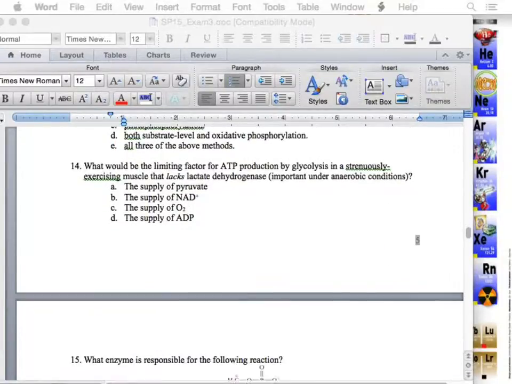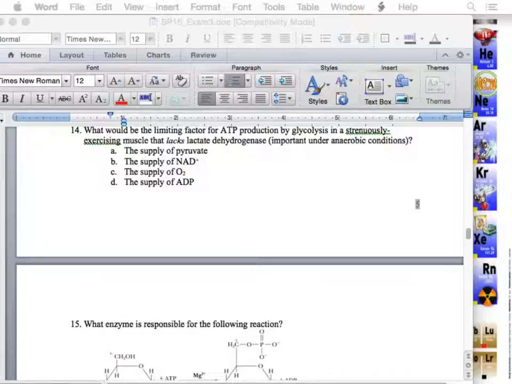What would be the limiting factor for ATP production by glycolysis in a strenuously exercising muscle that lacks lactate dehydrogenase? It's our NAD+. I was going to start answering NADH, but no, it's the NAD+. In a strenuously exercising muscle, are we getting oxygen?